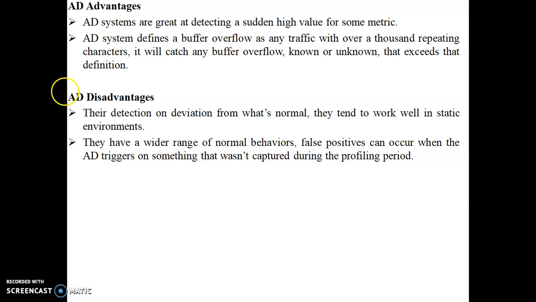Actually, the patient is not suffering from malaria, but the test says it is positive for malaria. So this is known as a false positive. That is one of the disadvantages of AD.